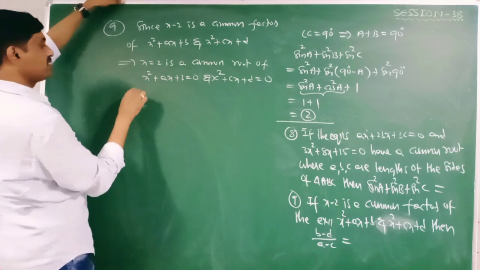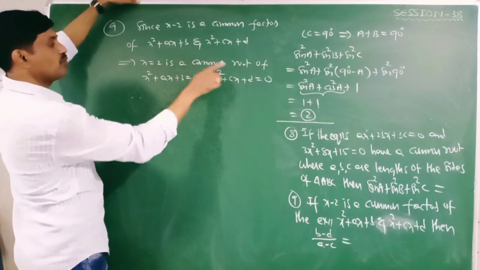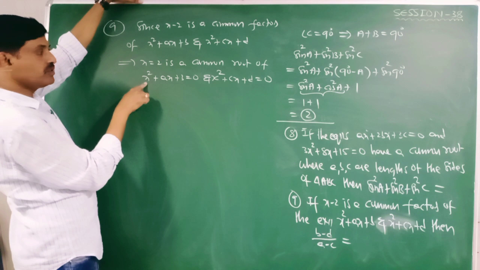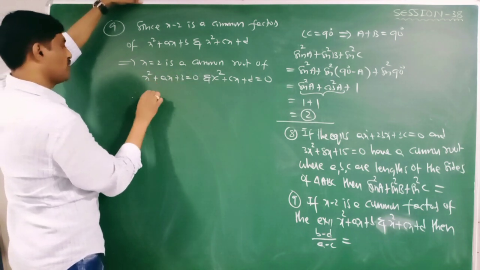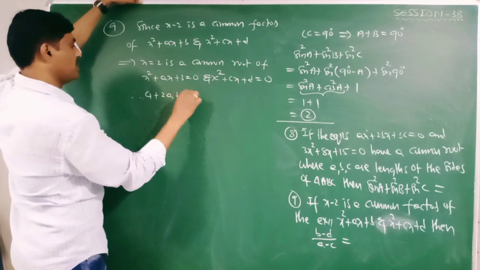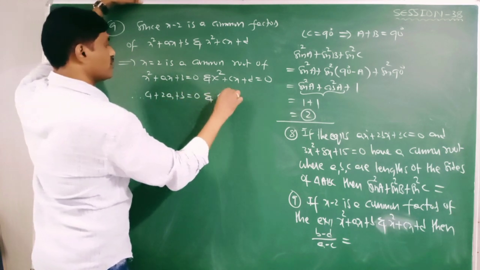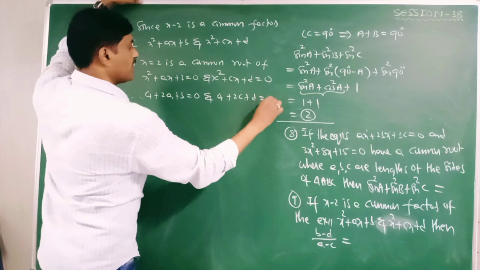As x is equal to 2 is a common root, wherever x is there, we have to substitute 2. Therefore this is 2 square, 4 plus 2a plus b is equal to 0 and it is also 4 plus 2c plus d is equal to 0.